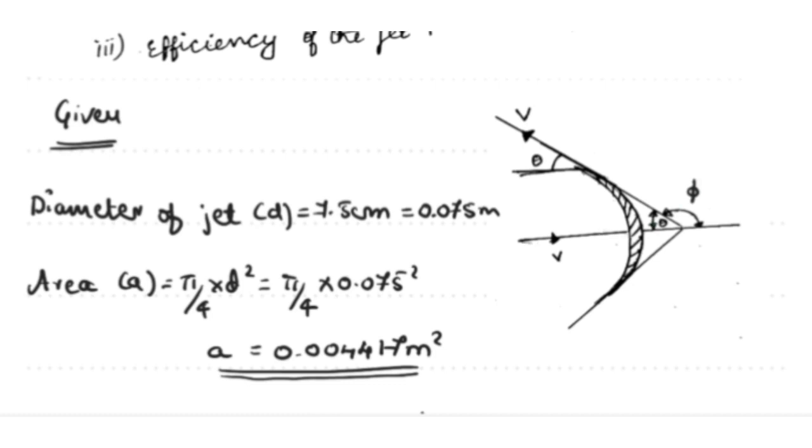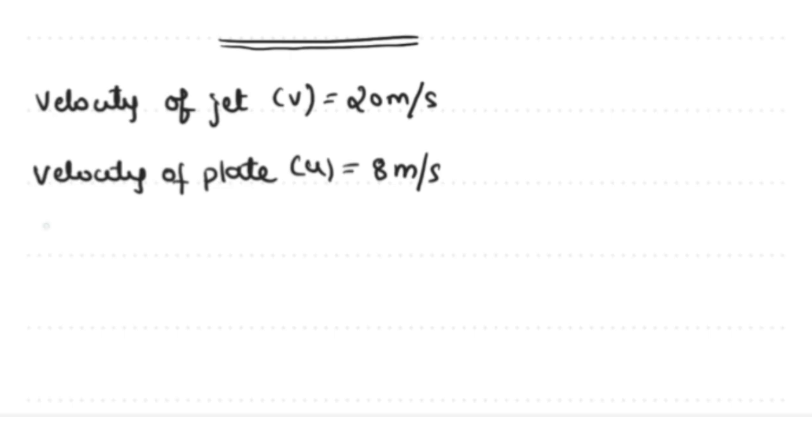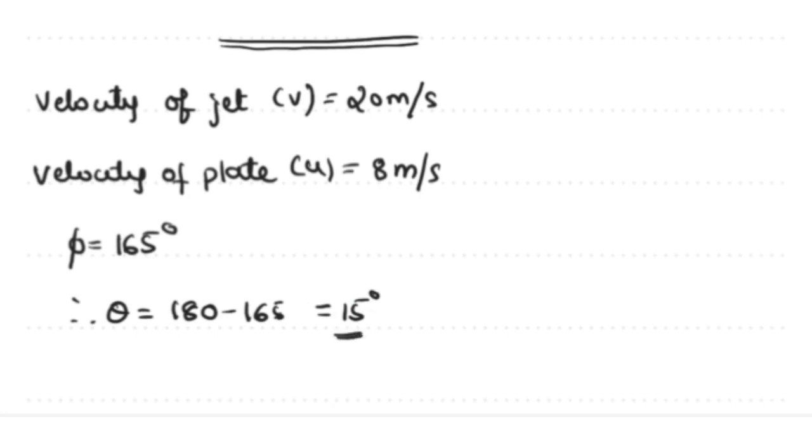We can calculate theta: the entire angle is 180, so theta is equal to 180 minus phi. In the question phi is equal to 165 degrees. Therefore theta is equal to 180 minus 165, that is equal to 15 degrees.